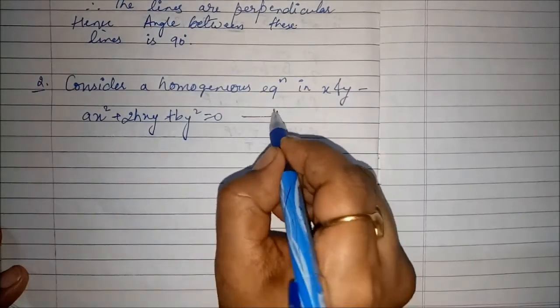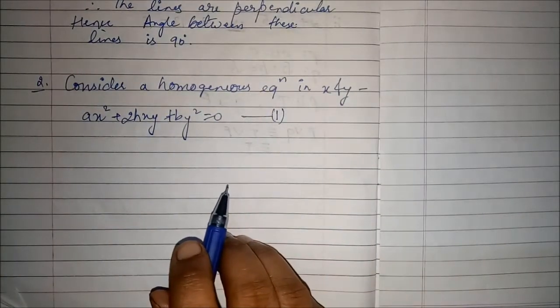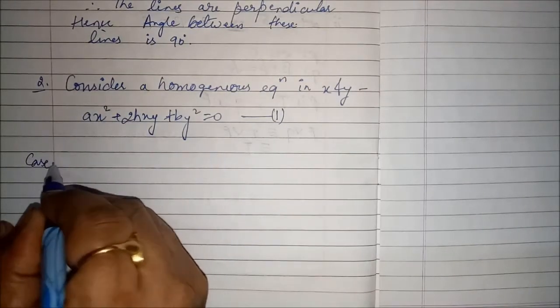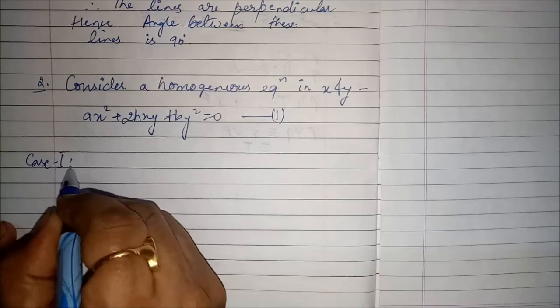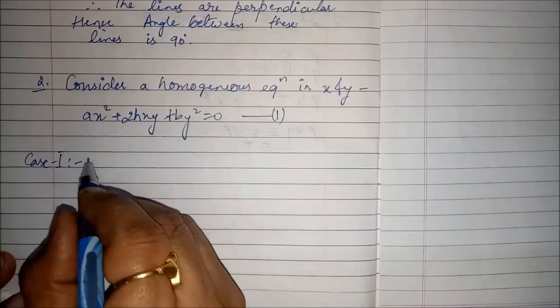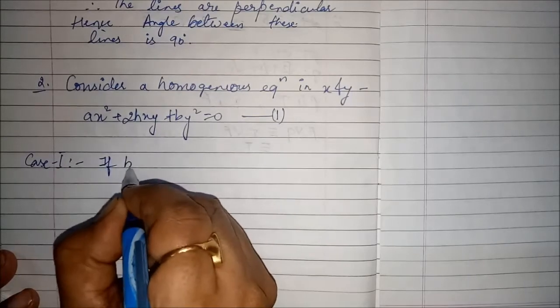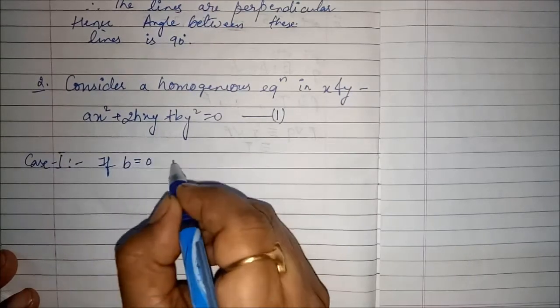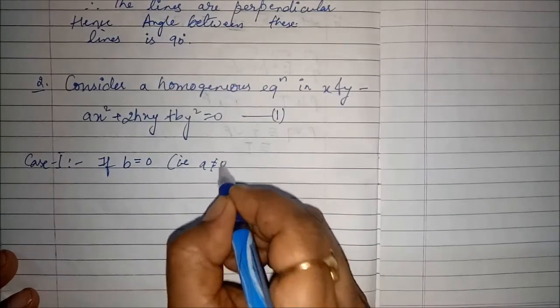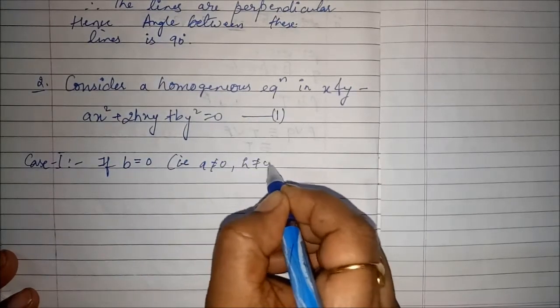Let this equation be 1. Now here various cases arise for the variables a, b and h. Firstly, we consider if b is equal to 0, so a is not equal to 0 and h is not equal to 0.